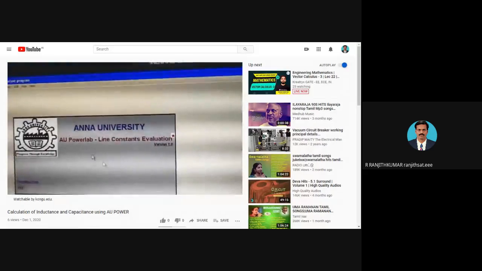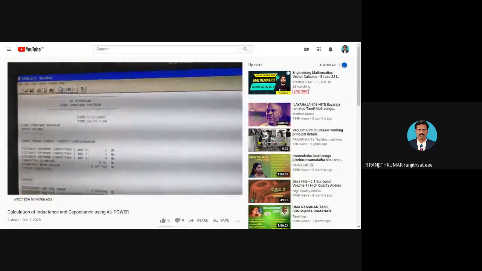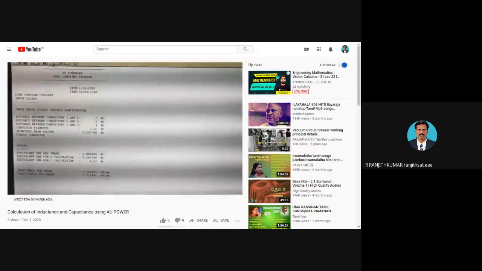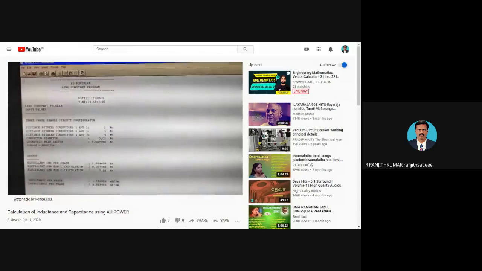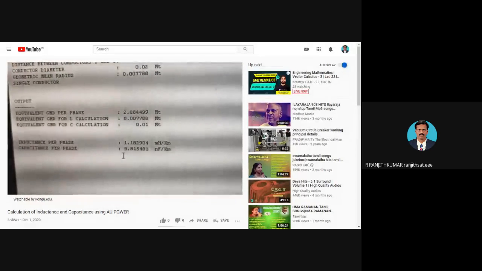So it has run. Now go to the view menu, output. If you go and see, this is the output. Here, in this final one, the inductance is 1.18 millihenry per kilometer and the capacitance is 9.8 nanofarad per kilometer.